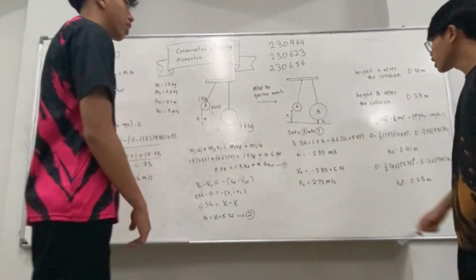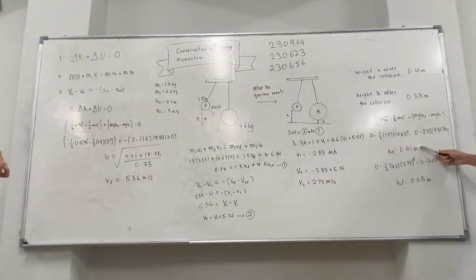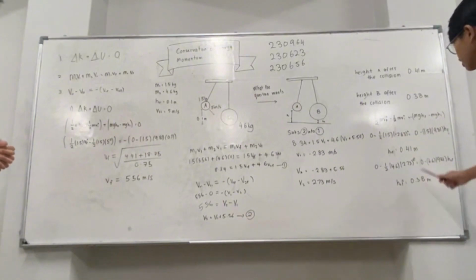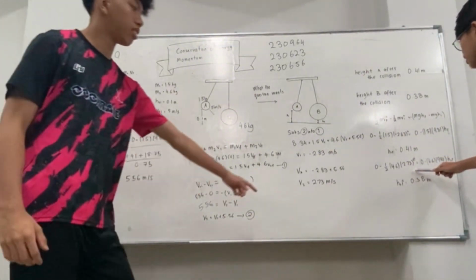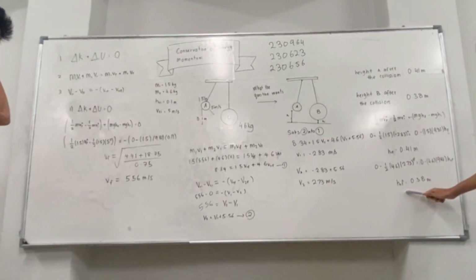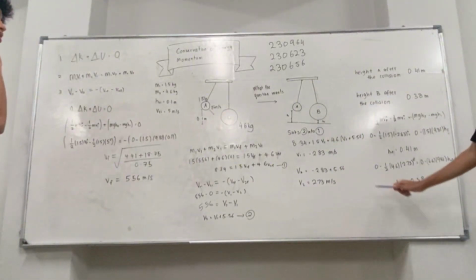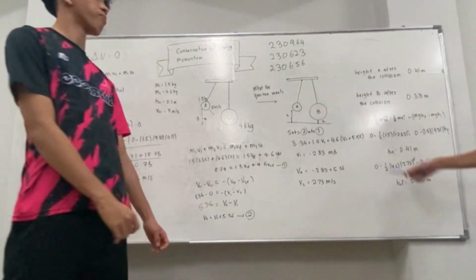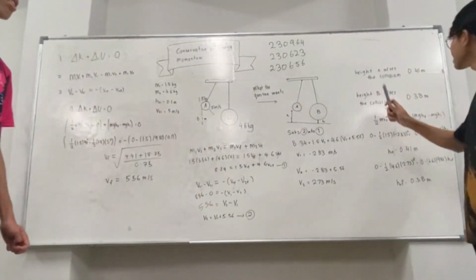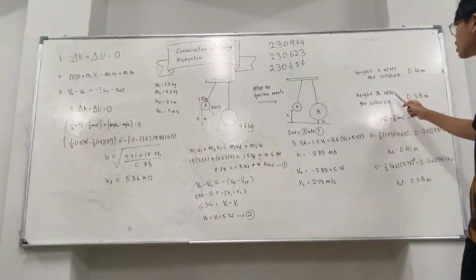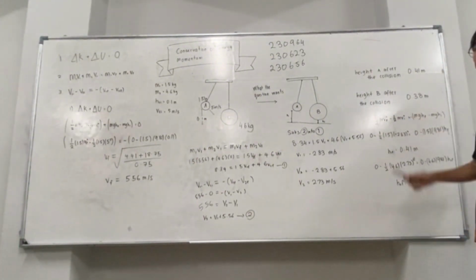Here we get 0.41 meter, and for the second ball we plug in again with the same equation but with this velocity, and we got the height for the second ball, 0.38 meter. So height A after the collision is 0.41 meter, and for the second ball after the collision is 0.38 meter.